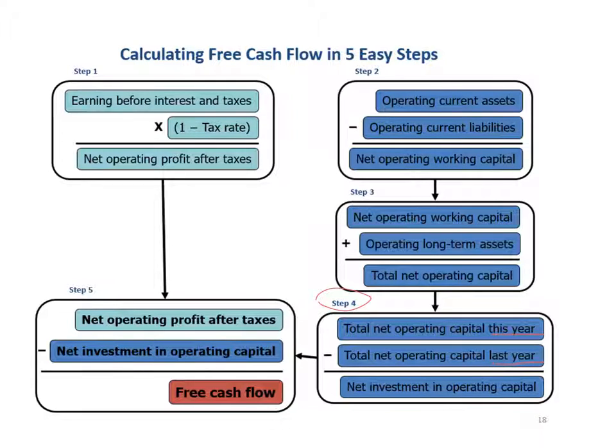We already have both these numbers from step 3, and now we just find the difference between the two years' total net operating capital, which we call the net investment in operating capital.